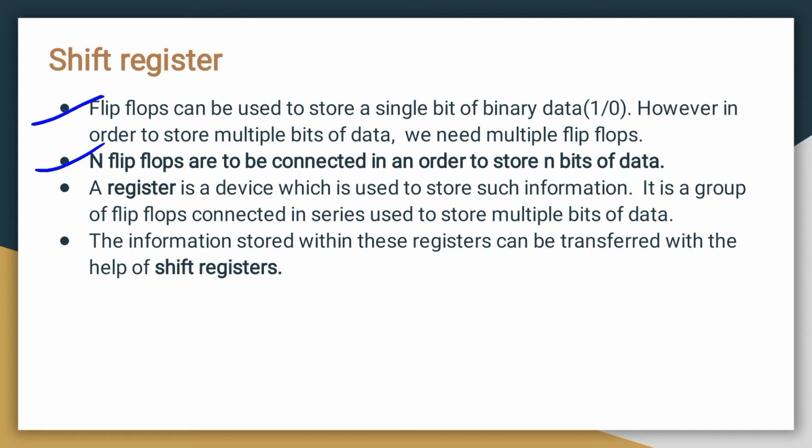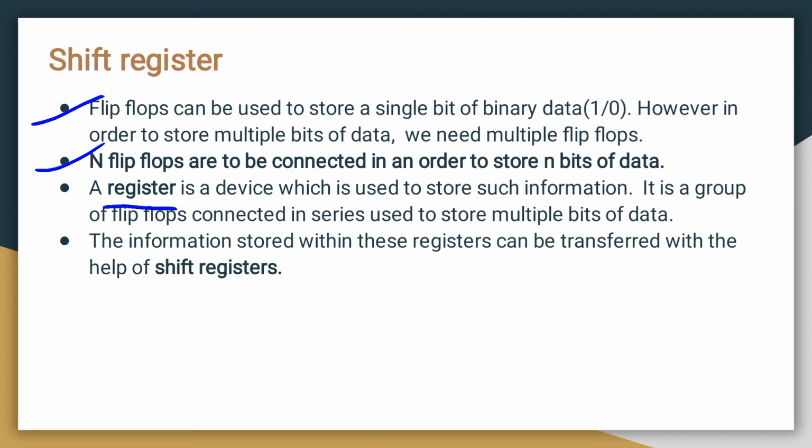Then what is the register? Register is a device where we can store this type of storage content, that is n bits of data. It consists of a group of flip-flops connected in a series and make a useful storage device with multiple bits of data.